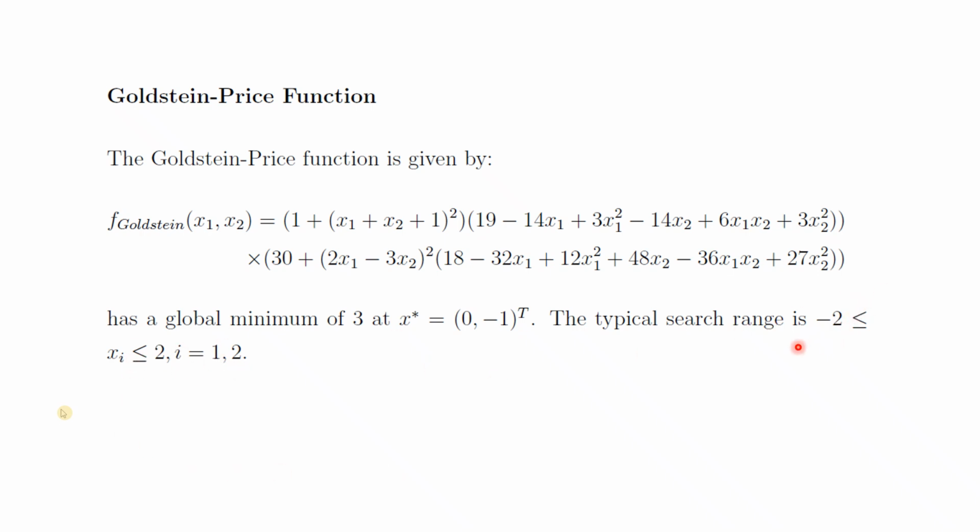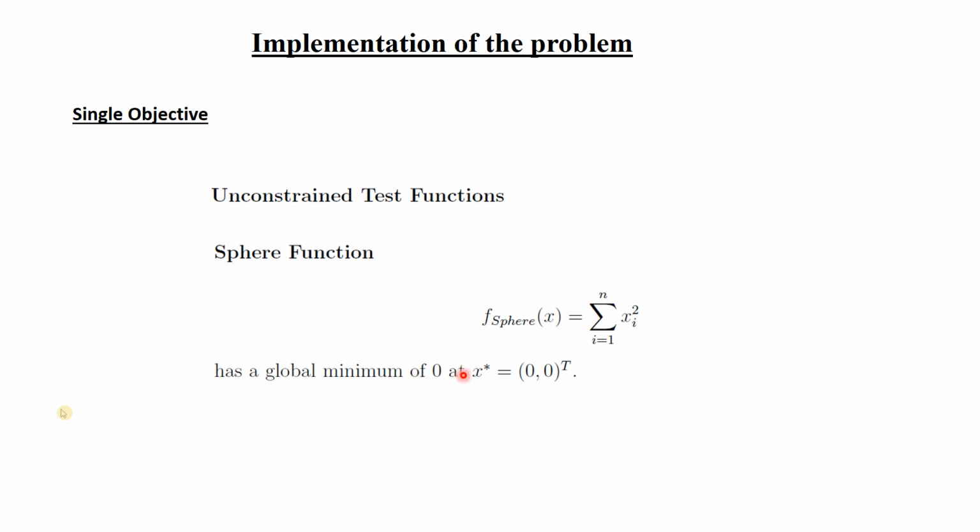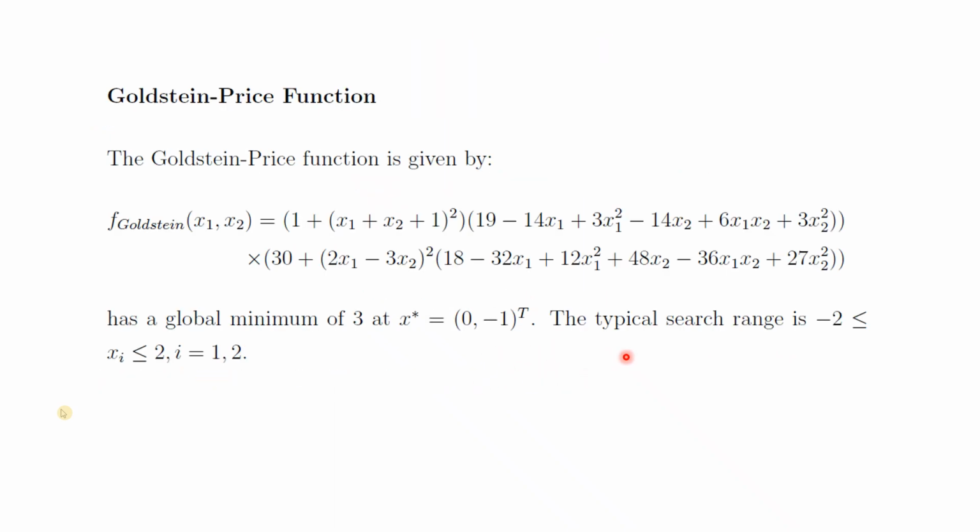If a range is given, it is not always considered as a constraint. It's just a range. In the previous two cases, the range is not given; that is a different case. But if a range is given, suppose x1 and x2 should be within 0 to 5, then it is okay. But it is not considered as a constraint. It is just a range, because if you violate the range, you will not get any optimal result. It will not converge. So it is just a range, not a constraint, you can say.